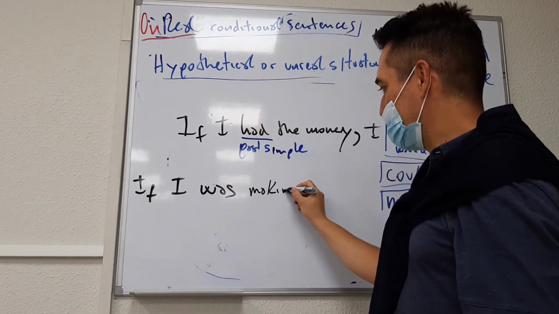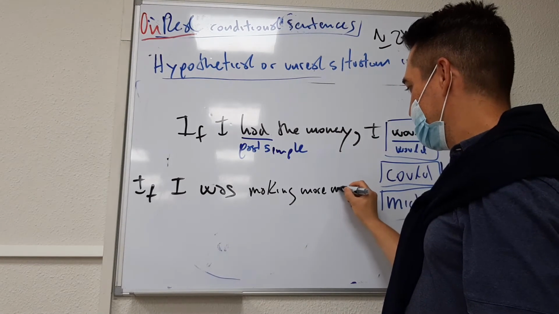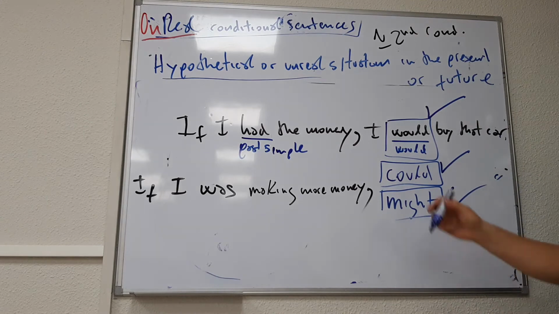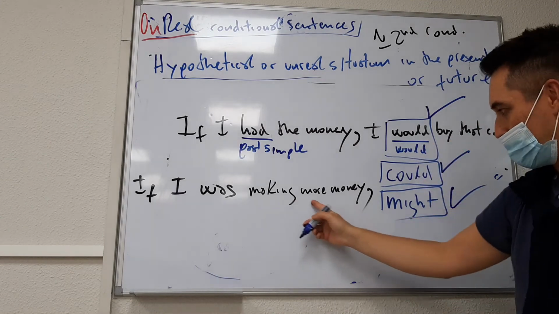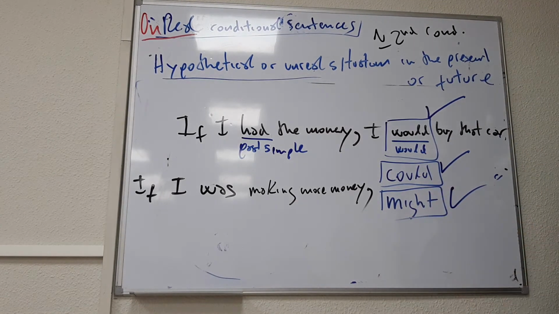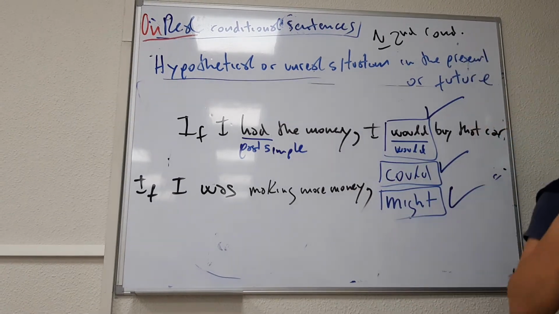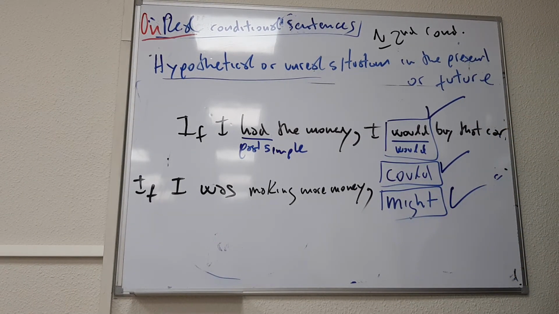Something like this, right? If I was making more money, I would buy that car. If I was making more money, I could buy that car. You can also say, having the money, I would buy that car. That would be a mixed conditional, a mixed one. I'll go about that in a minute.